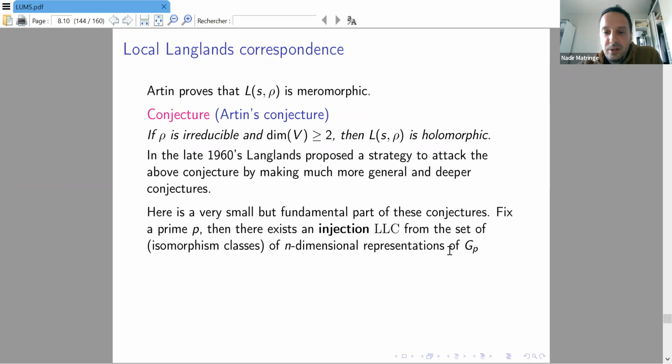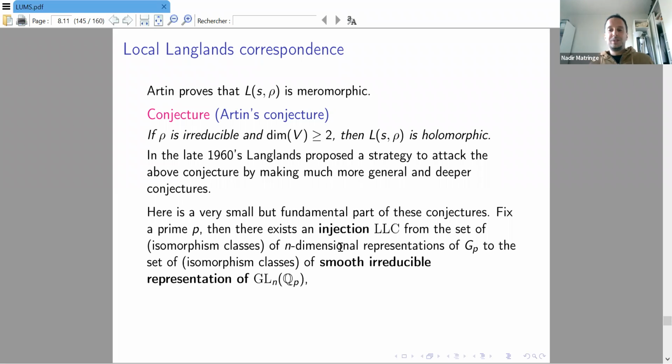So I have n-dimensional representation with a fixed n of my Galois group. So there should be an injection of this set of representations to the set of the so-called smooth irreducible representation of GLN of QP. So you see here, n is the dimension of my local Galois representation of GP. And here, n appears in GLN of QP.